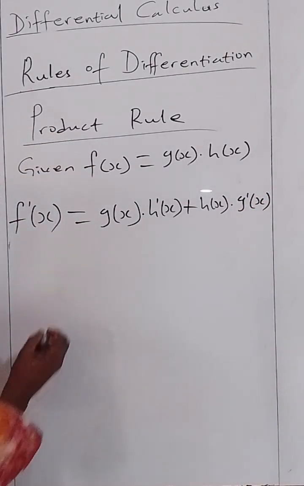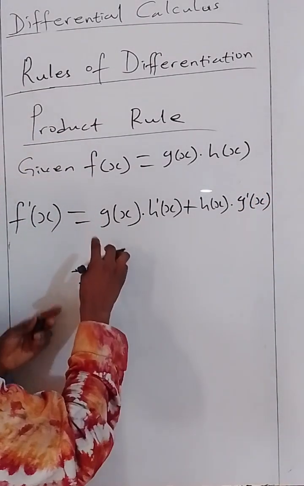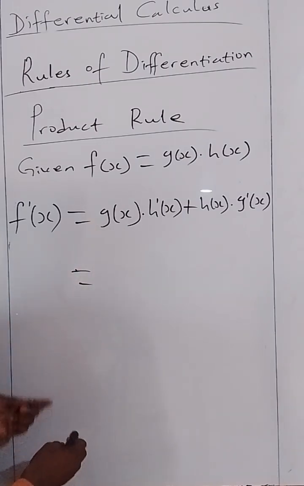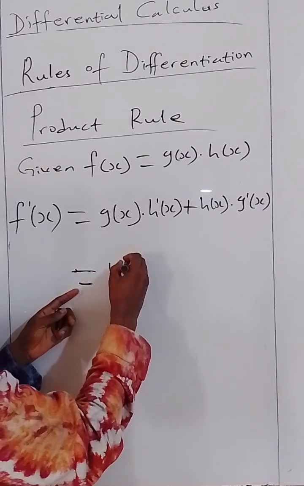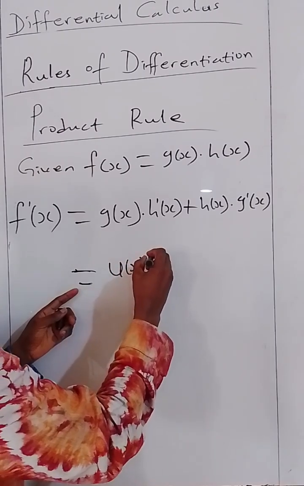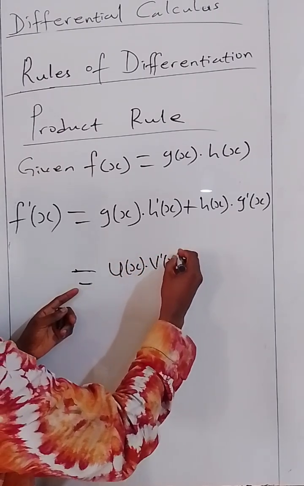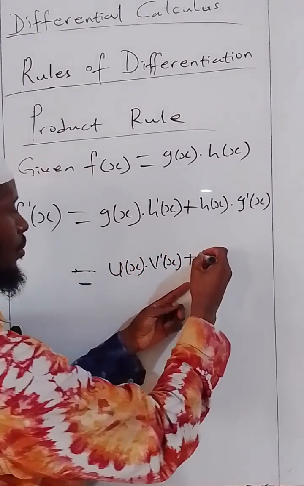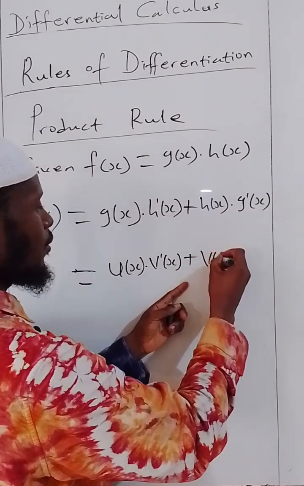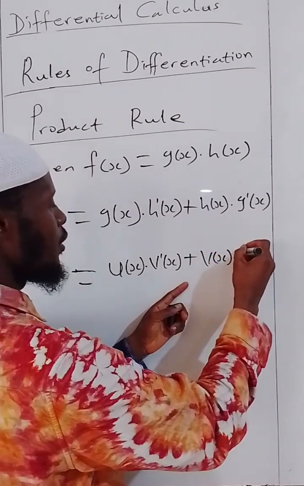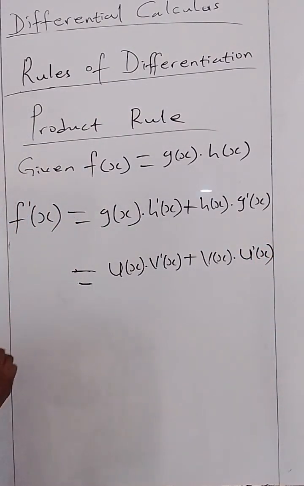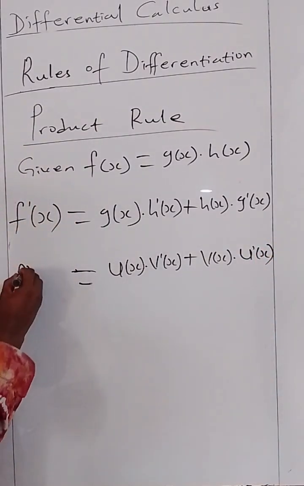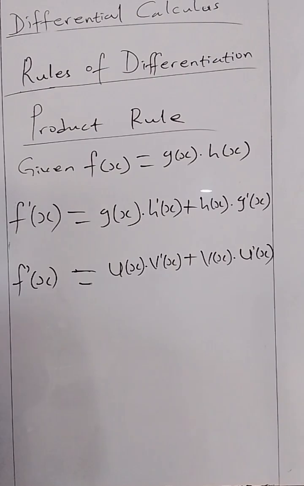If we had used u and v, it will be equivalent to saying we have u of x, then we differentiate v, plus v of x, then we differentiate u. So it's equivalent to this.